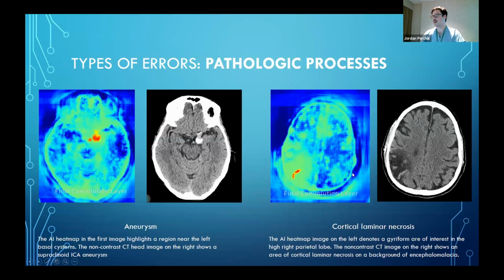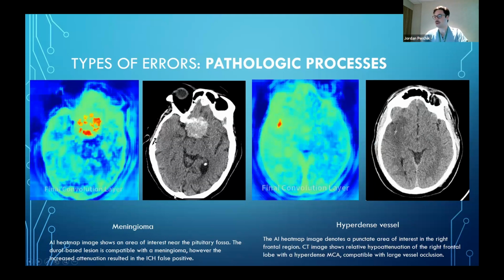And then on the right, we have someone who's previously had a stroke, and they have progressive calcification of that area that's had this insult, and relative to the surrounding scarred brain tissue, it's brighter than the surrounding tissue, and then that is highlighted as concerning for bleed. Neither of these are acute intracranial hemorrhages, but they are pathologic processes that have tricked the AI application in this case.